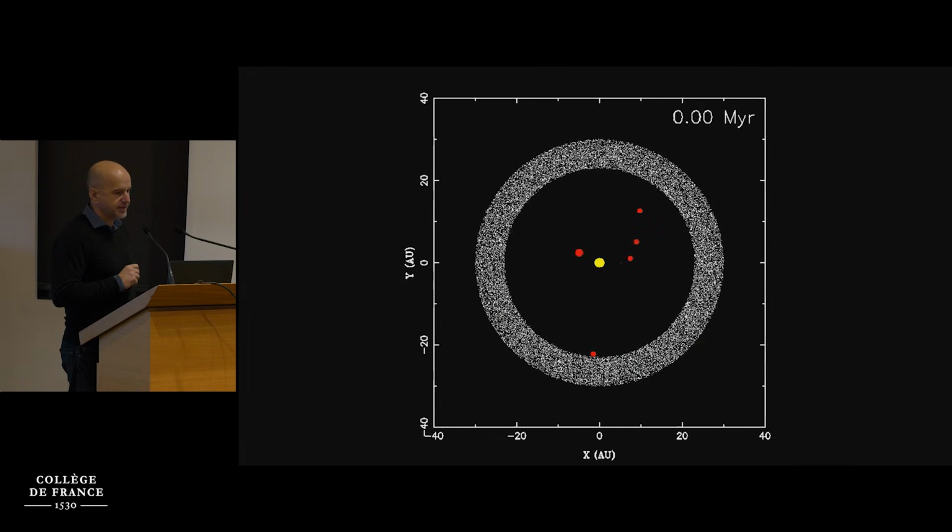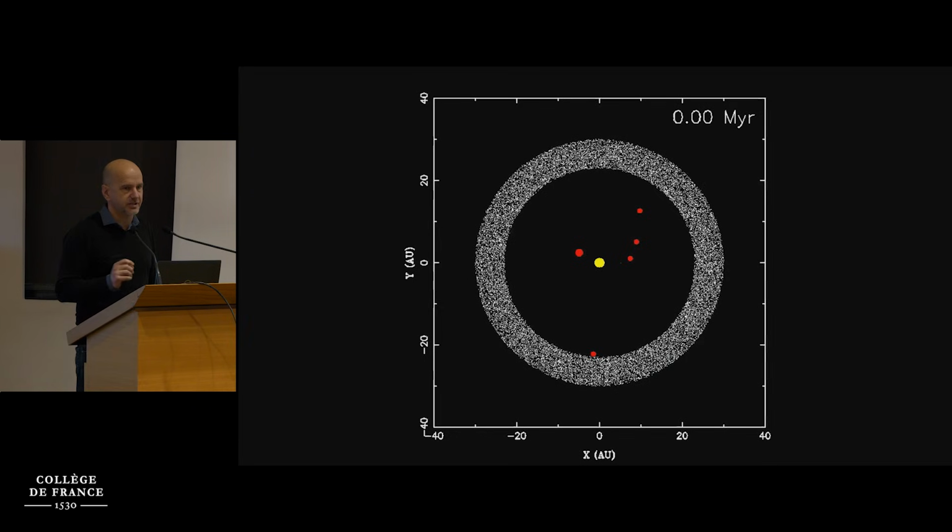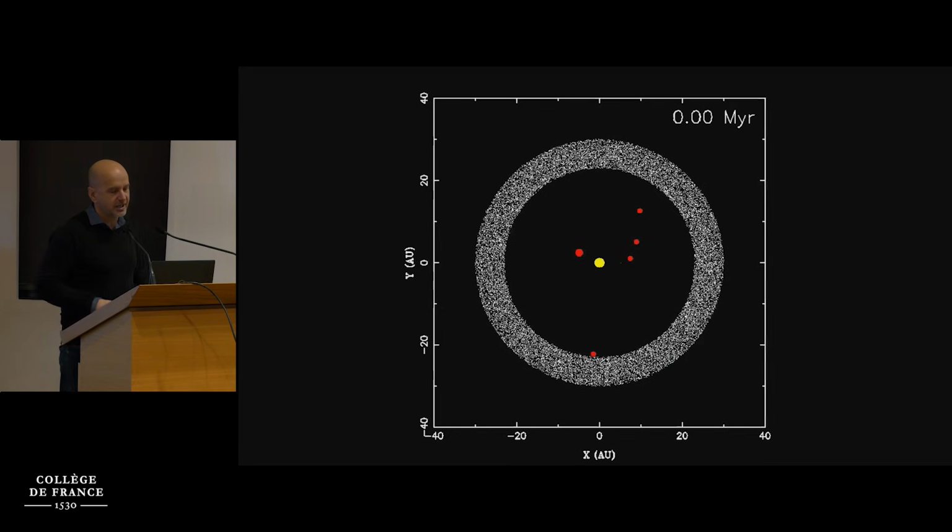It turns out that the best version of the Nice model, the version that works best for the solar system constraints, is the one that has 5 giant planets. In addition to Uranus and Neptune, there is a third ice giant between the orbits of Saturn and Uranus, and this ice giant becomes ejected during the evolution.